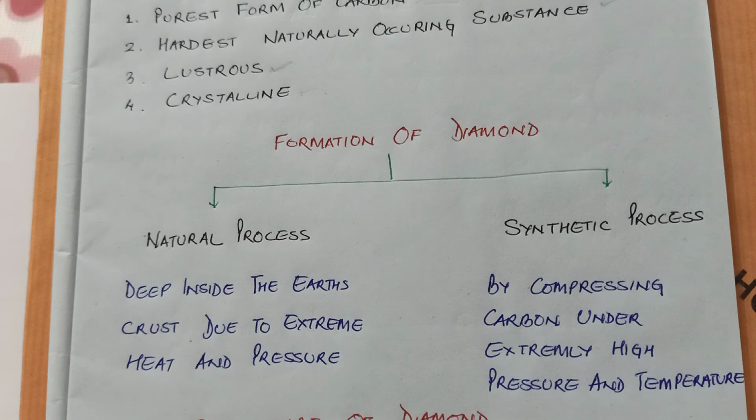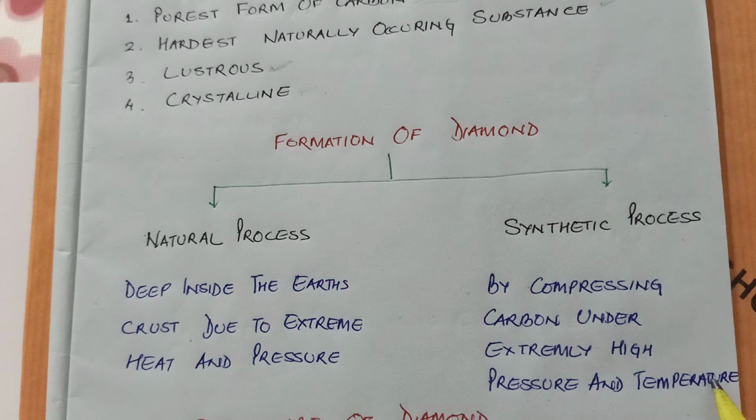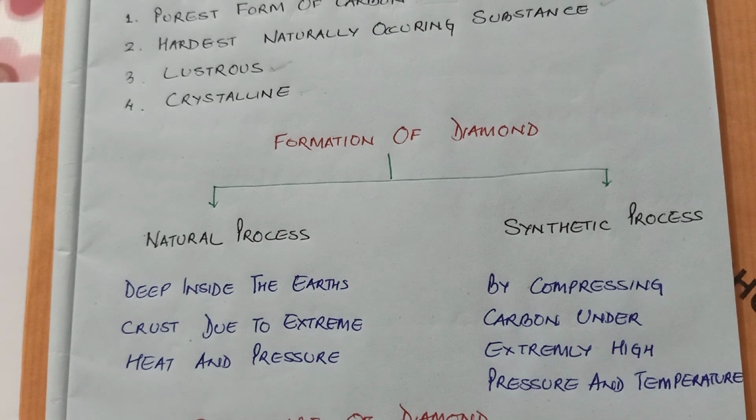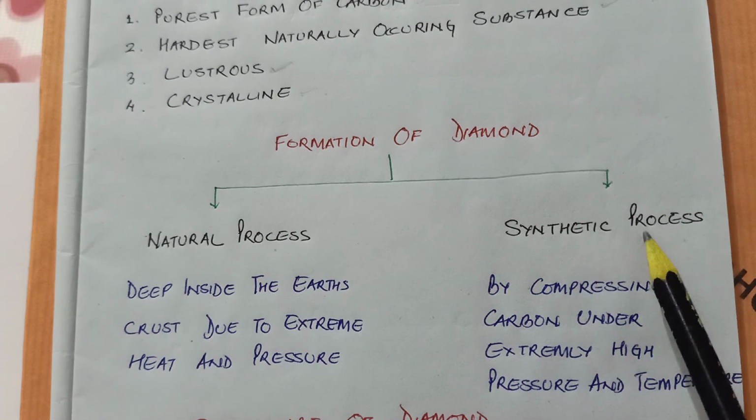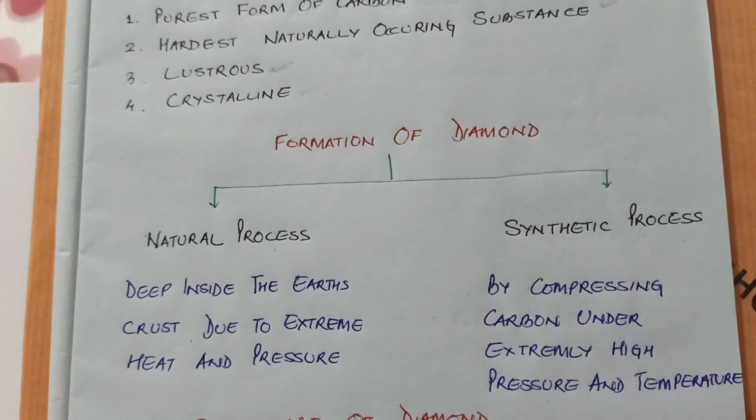By arranging such conditions, we can bring carbon atoms very close to each other and force them to arrange themselves in such a way that they form diamond. So these are the two ways by which diamond gets formed: the natural process and the synthetic or artificial process.